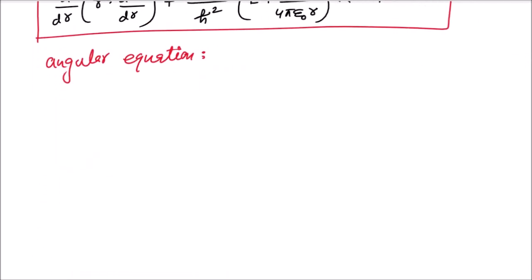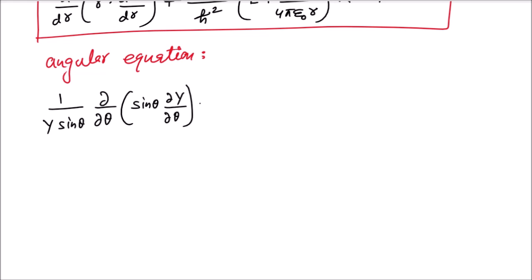So the angular part becomes 1 upon Y sine theta partial differential with respect to theta of sine theta partial differential of Y with respect to theta, plus 1 upon Y sine square theta partial differential of Y with respect to phi, okay. So take it as equal to minus a, okay.